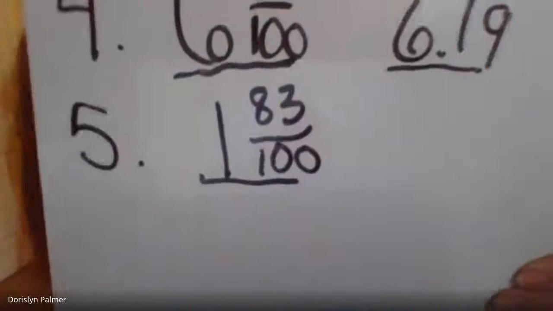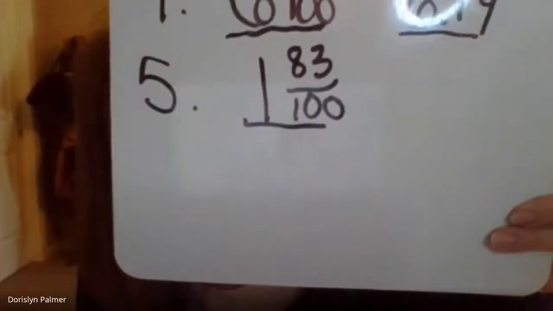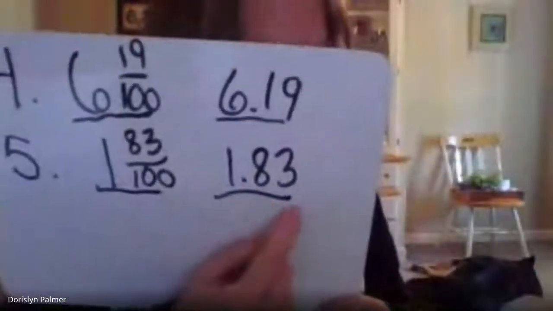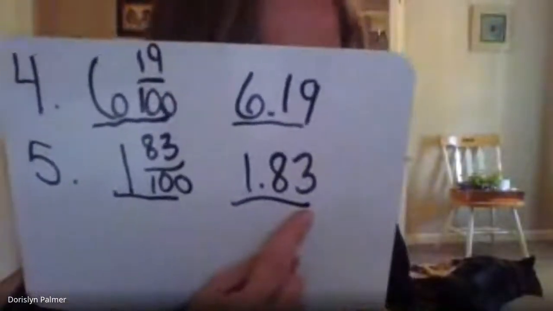That's 1 and 83 hundredths. So how would I write that as a decimal? 1.83. Good. That's 1, and then where I see the decimal, I say "and" 83. And it went over 2 numbers, so that's hundredths.